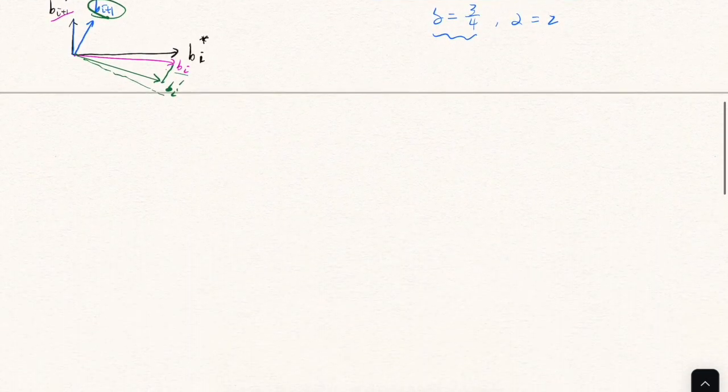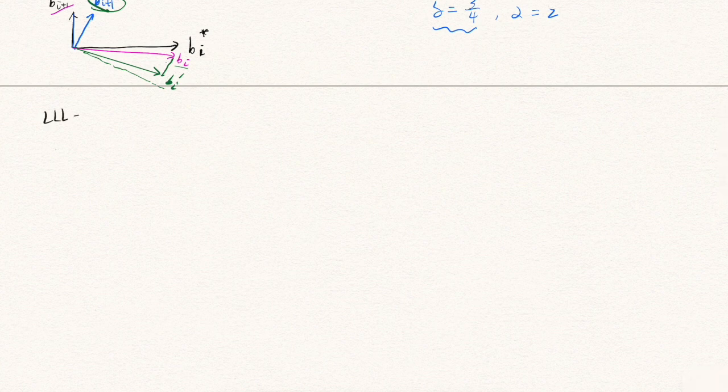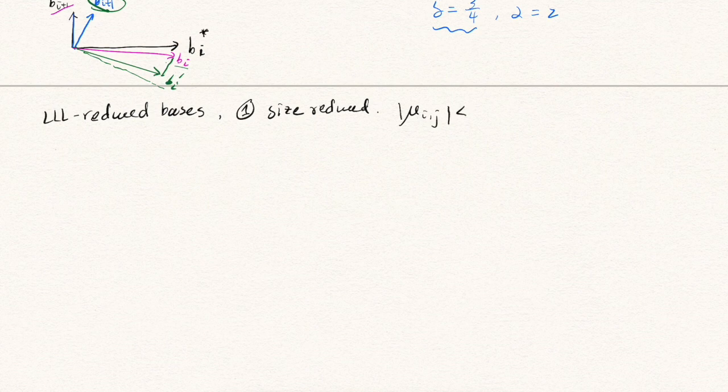So we know that if we have an LLL reduced basis, then first of all, it's size reduced, which means that the absolute value of all the GSO coefficients is smaller than 1/2, and also the Lovász condition is satisfied.